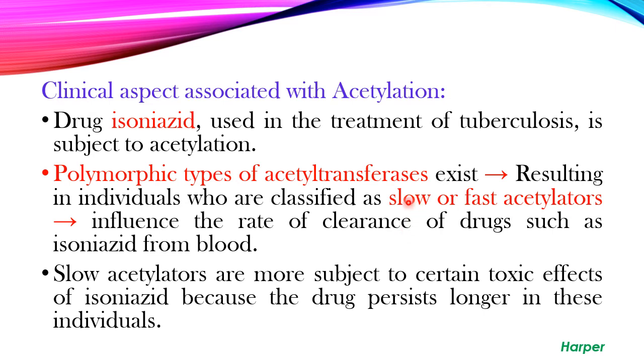For example, the slow acetylators, who have a polymorphic form of acetyl transferase that shows slow acetylation, would have more toxic effects of isoniazid because these individuals won't be able to clear this drug from the body, and as a result isoniazid would persist in the body and can give toxic effects.